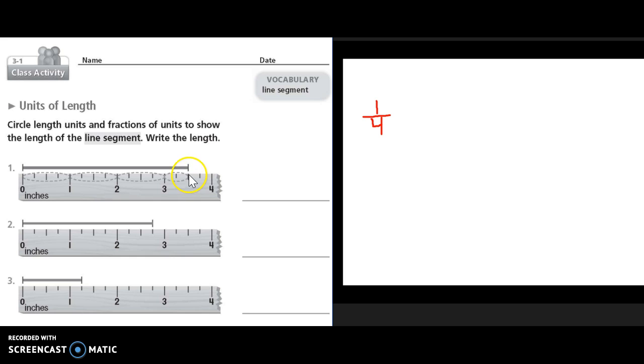To the second part, that's 2/4, and that's written like this, 2/4, and 2/4 is also 1/2.